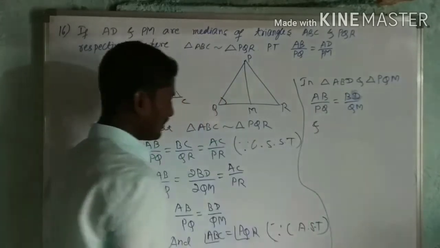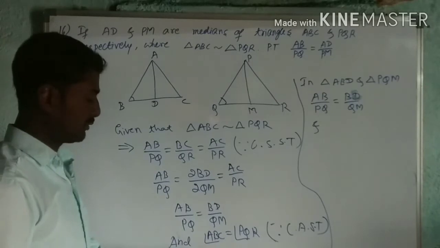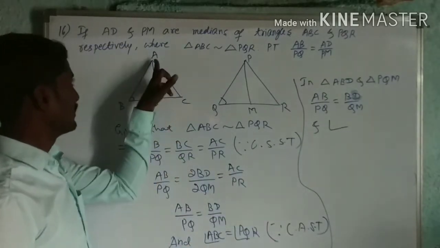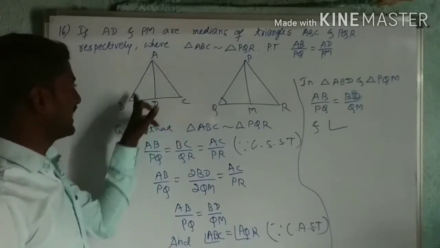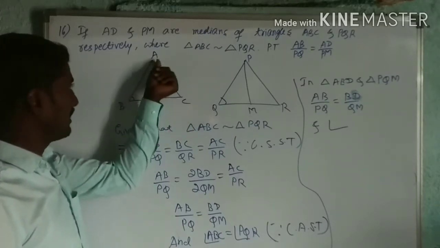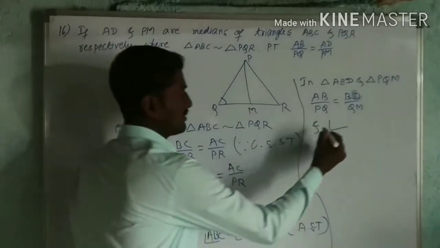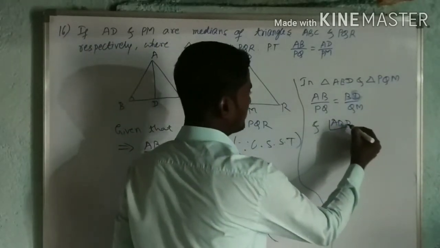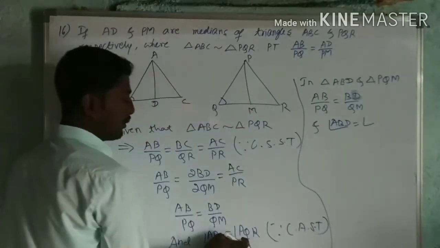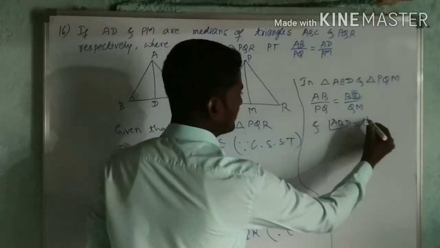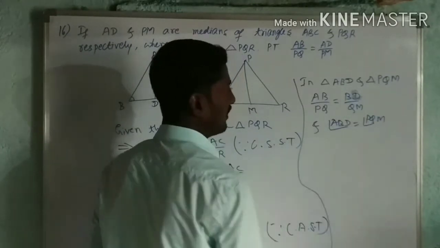And next I'll write this one: angle ABC. In place of ABC, can I write ABD? Because I want the angle only for this triangle ABD. So angle ABD is equal to angle PQR. In place of PQR, I can write PQM.